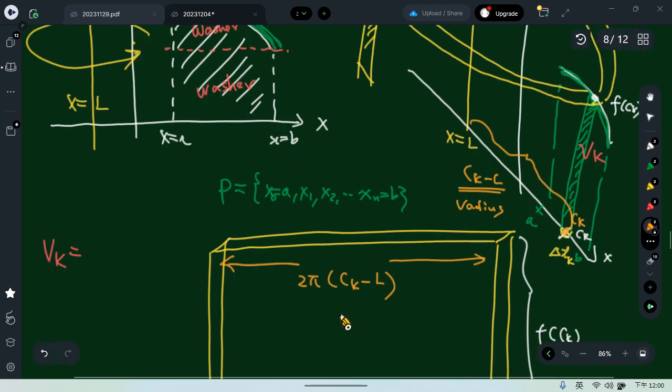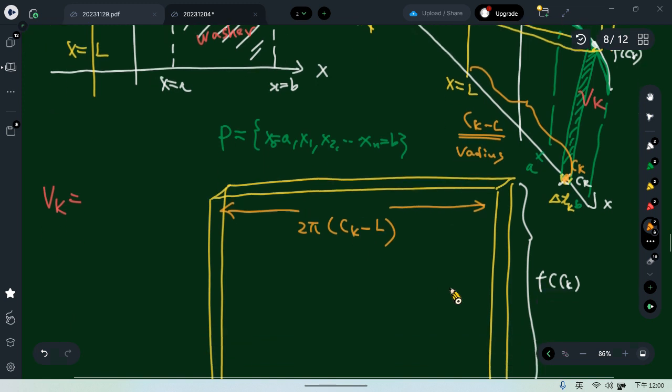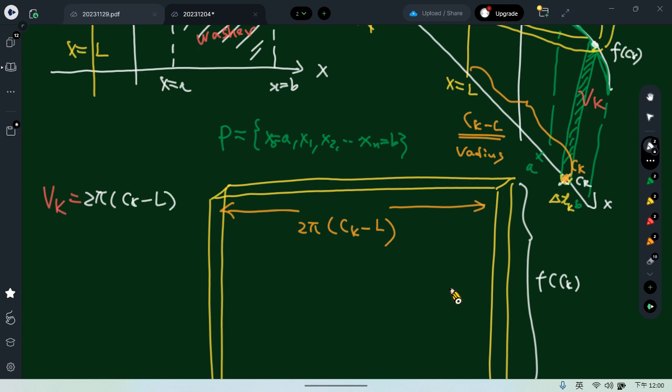So 2 pi times radius, we can get this. So finally, Vk will be 2 pi times (ck minus L) times delta xk times f of ck. Understand?